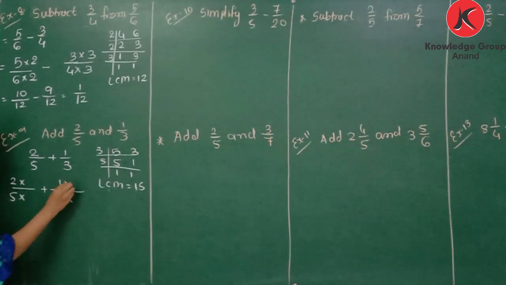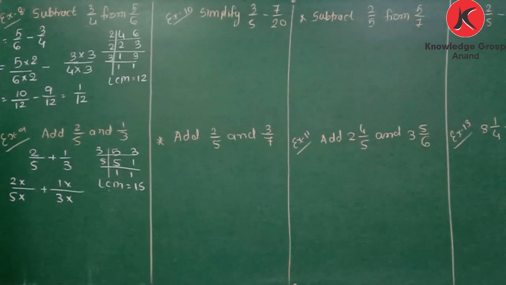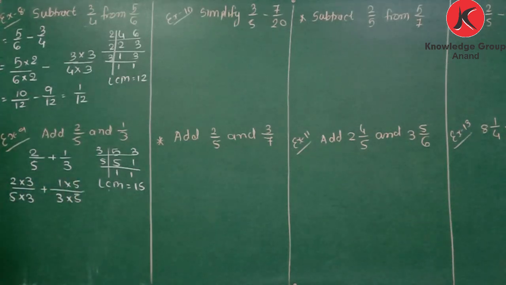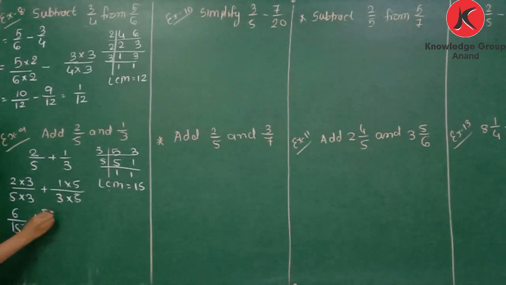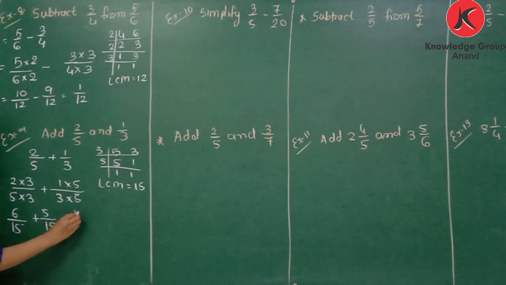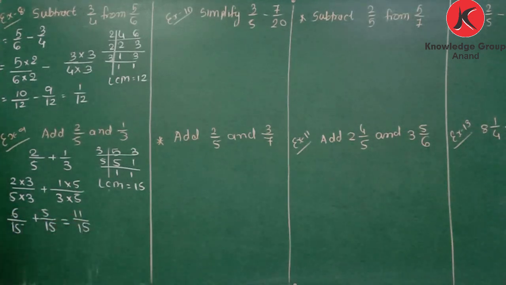And by what number should we multiply 3 to get 15? 5 is multiplied with 3, so the same in the numerator, and 3 is multiplied with 5, the same in the numerator. And it is 6 by 15 plus 5 by 15. So add the numerators, 6 plus 5, 11 by 15.